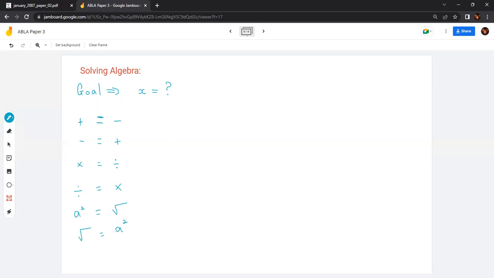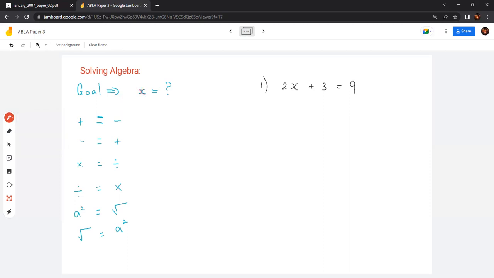So I'll do a simple one and then a complicated one, and then we move on. So let's say they gave you 2x plus 3 is equal to 9. Now in algebra, if it's confusing for you, remember your goal is to get x on one side.